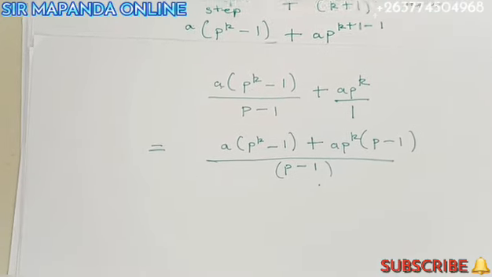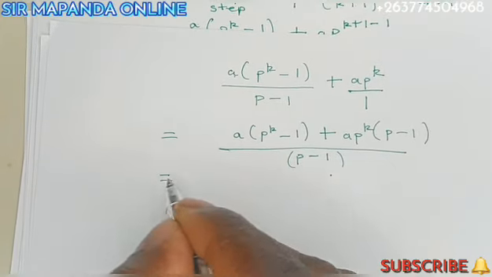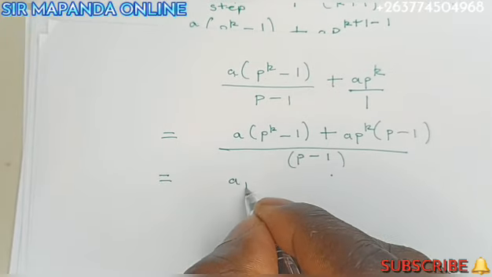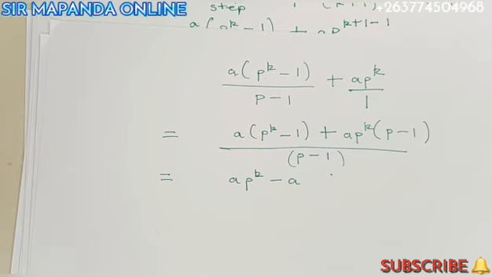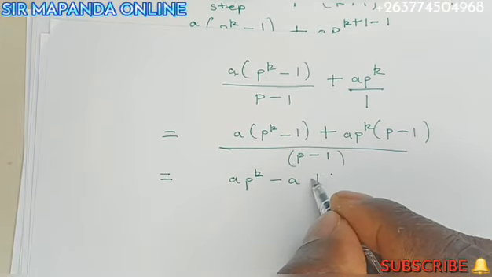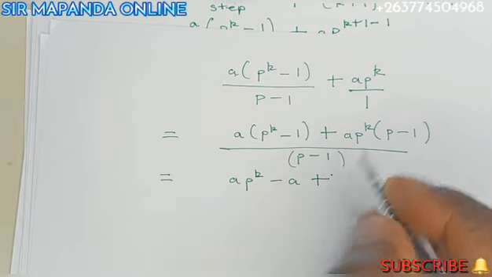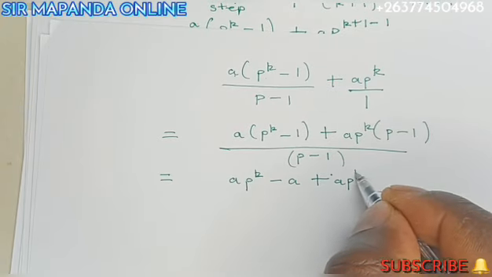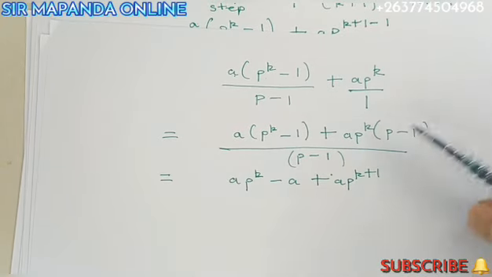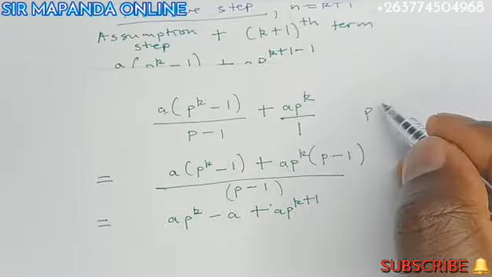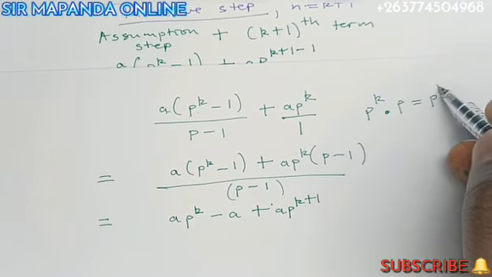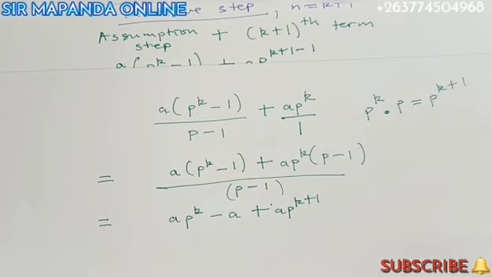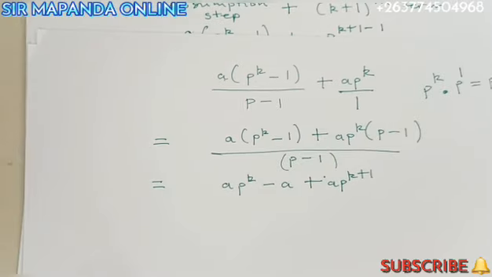Then you are now removing the bracket above. You get a p to the power of k minus a, right? Then here you get plus a p to the power of k plus 1. Why? Because if you multiply p to the power of k with p, you get p to the power of k plus 1 through the laws of indices. Multiplying numbers with the same base, you add the powers.